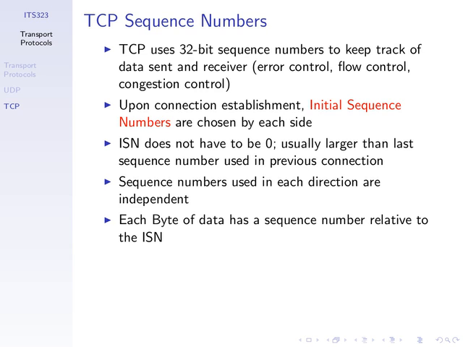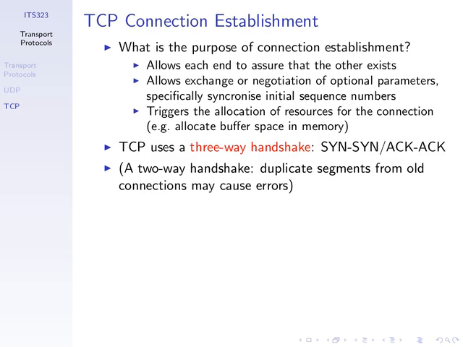Each byte of data has a sequence number, and it's relative to the initial sequence number. We'll see that shortly. We'll see an example of sequence numbers when we go through how we set up a connection. We're going through reasonably fast, but once we've gone through the different mechanisms, you'll see them all come together.